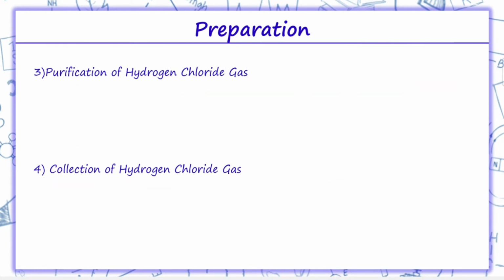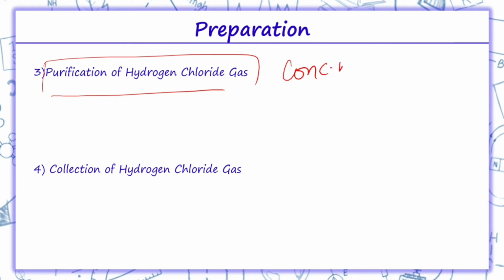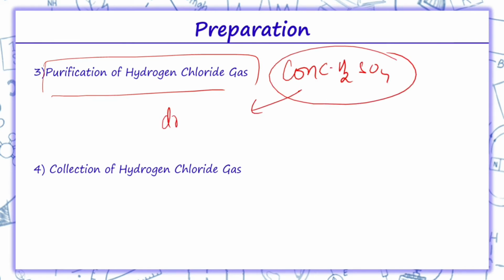Now how to purify this hydrogen chloride gas? Hydrogen chloride gas is purified by passing it through concentrated sulfuric acid. Here concentrated sulfuric acid is used as a drying agent because it removes only the moisture content of the gas and does not react with it.